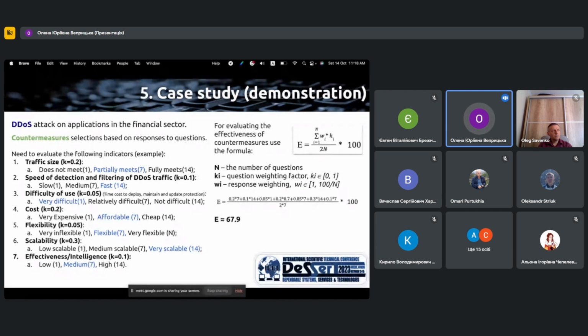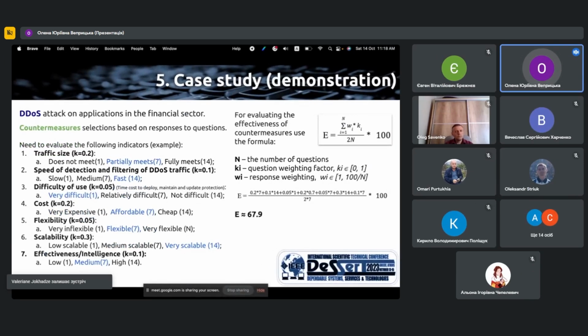For evaluating the effectiveness, using the formula from the screen, we get an effectiveness for this example countermeasure of approximately 68%. The same process could be done for other countermeasures, and in the end, we need to compare the results and choose the more appropriate solution.